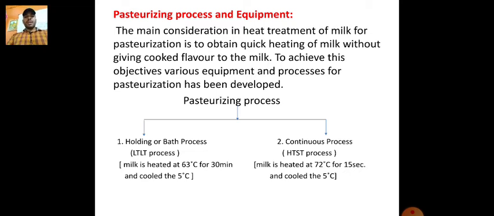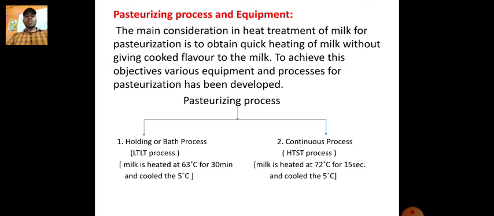When we do the pasteurization, the milk should remain as it is, without getting any cooked flavor. So we have to take precautions by using different methods. For that we use two pasteurization processes: the holding or bath process, and the second one is the continuous process.